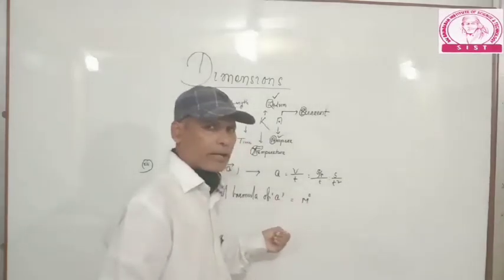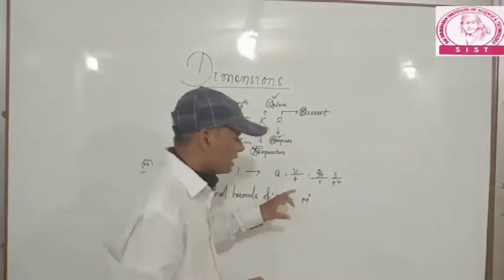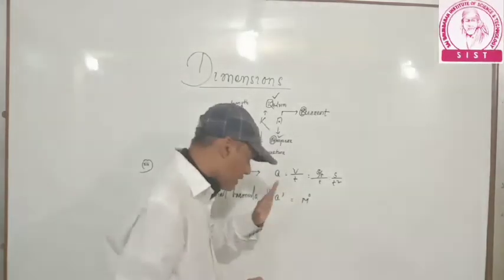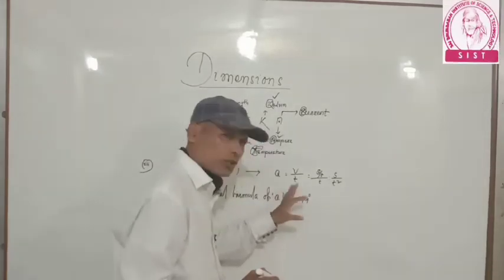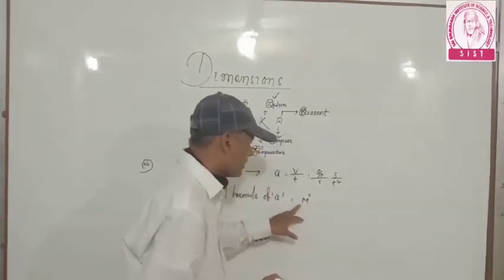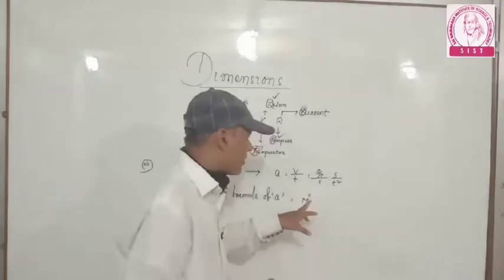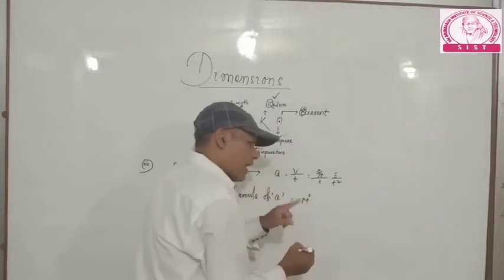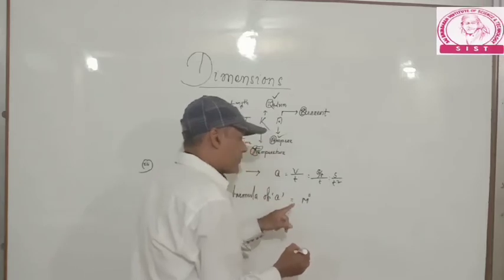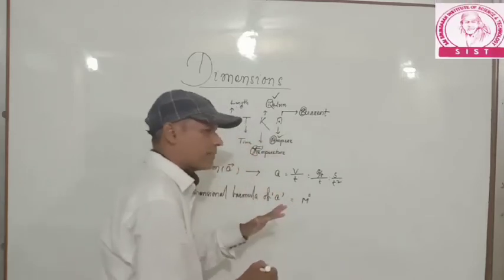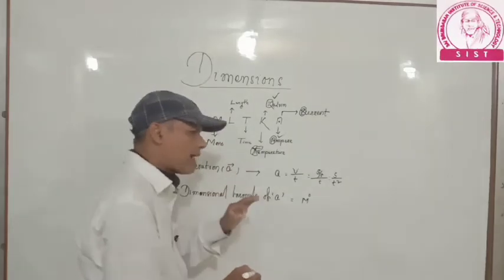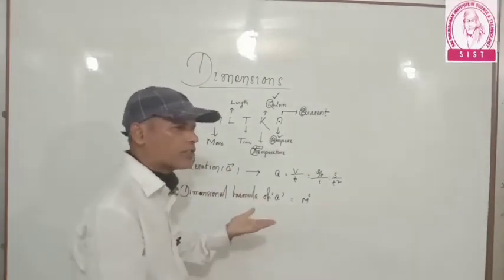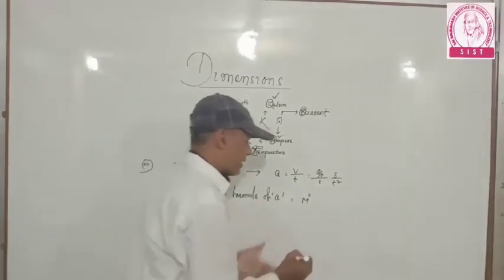No problem if we write a letter keeping it in power 0 form. But you have to mention the power of M, because in any dimensional formula you have to write the first letter M, whether its power may be 0, 1, 2, 3, whatever else it may be.